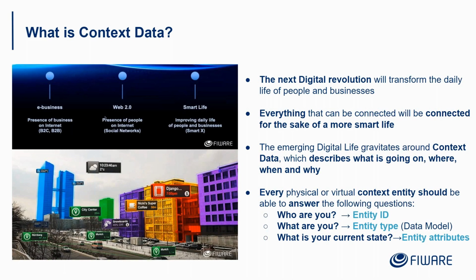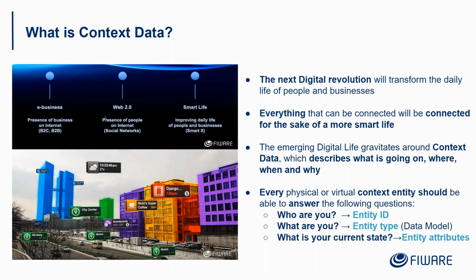And this data is aimed at describing what is going on, where, when, and why in our real life situations. Every physical or virtual entity should be modeled to provide or consume context data from this ecosystem.